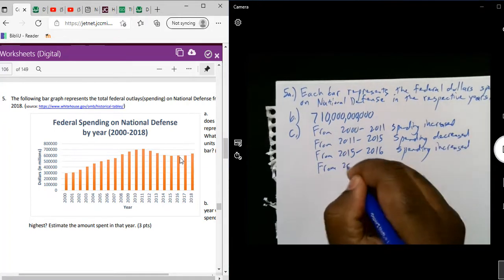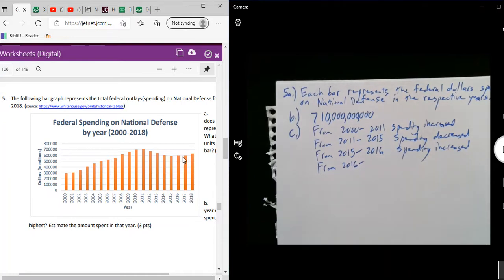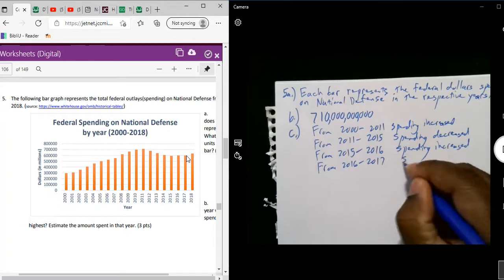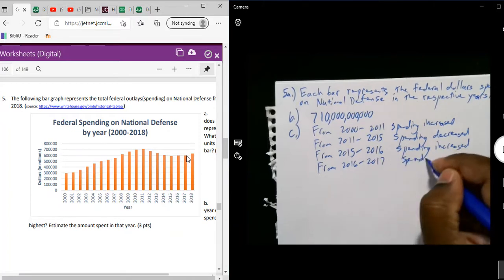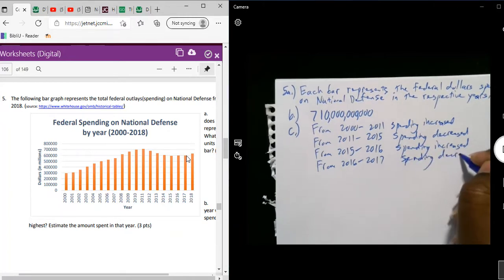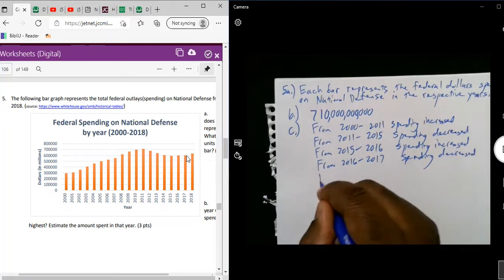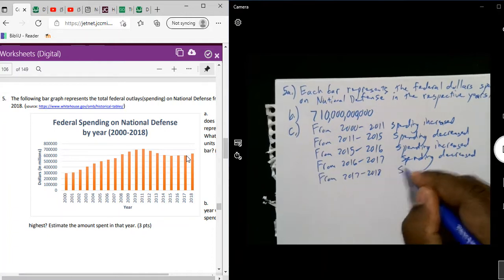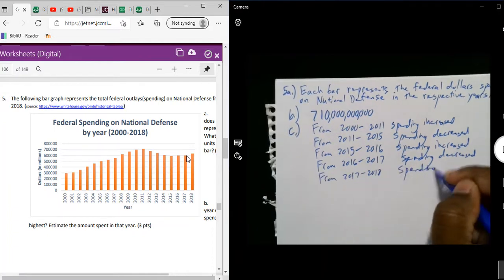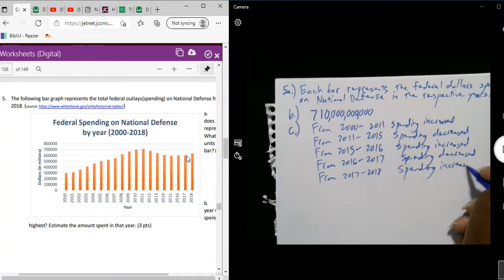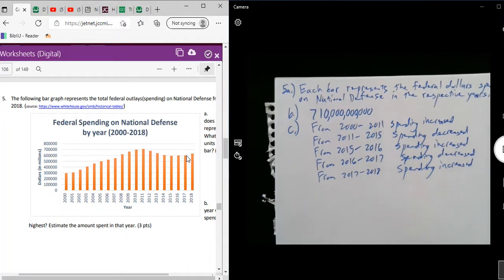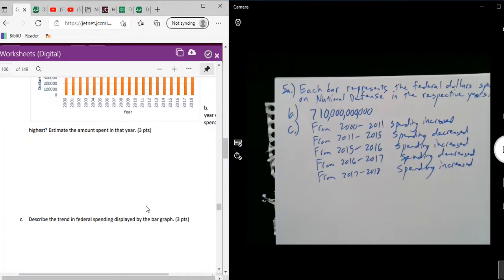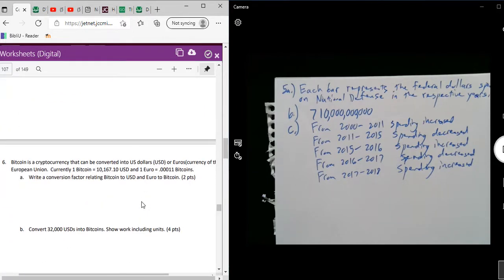From 2016 to 2017, spending decreased. And then from 2017 to 2018, spending increased. So this was the trend. All right. So that took care of 5A, B, and C.